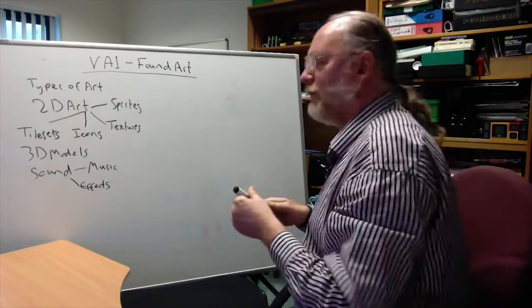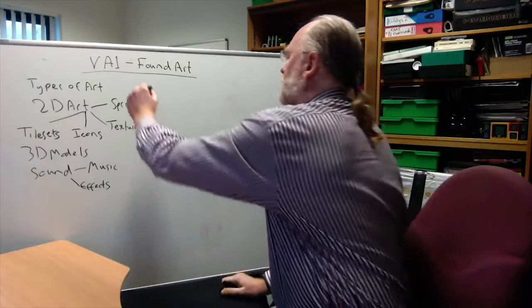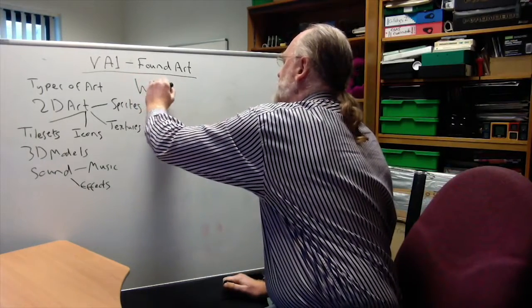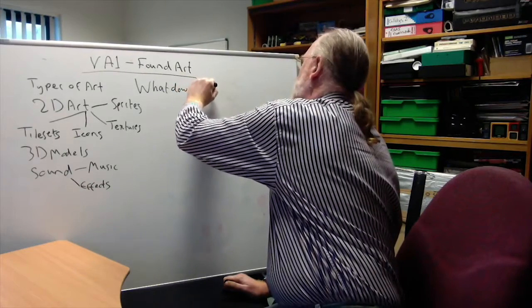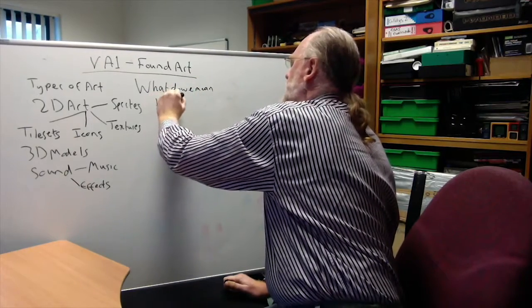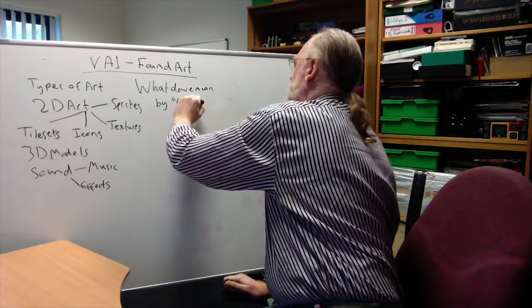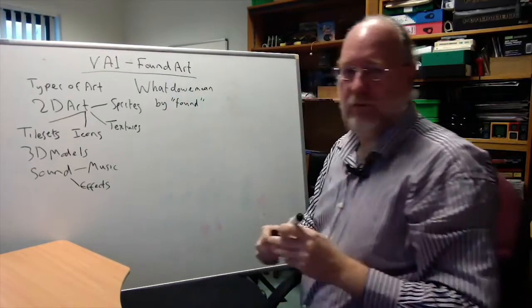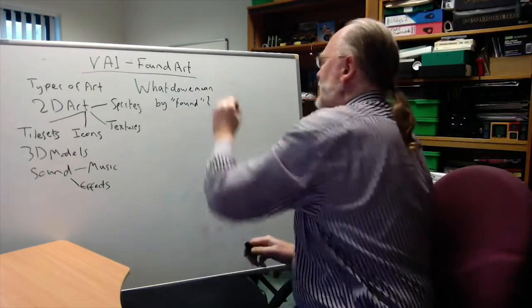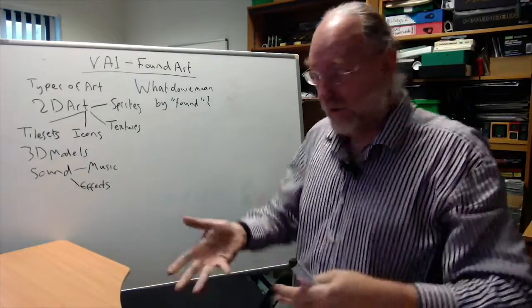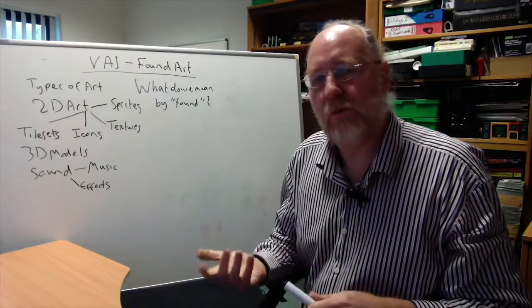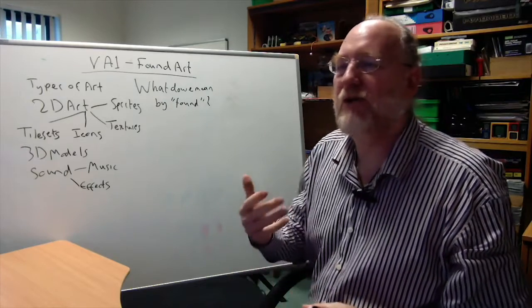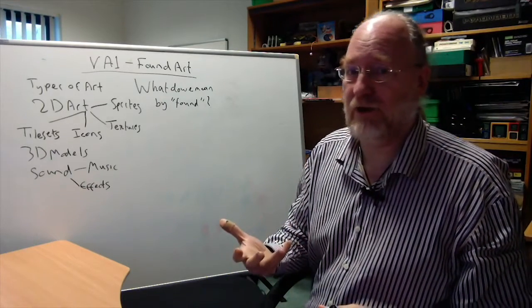So the first question really is then, what do we mean by found? Generally, we don't tend to walk along and, oh my gosh, there's an art asset on the floor. So what we mean by found is basically anything where we don't have to make it ourselves.